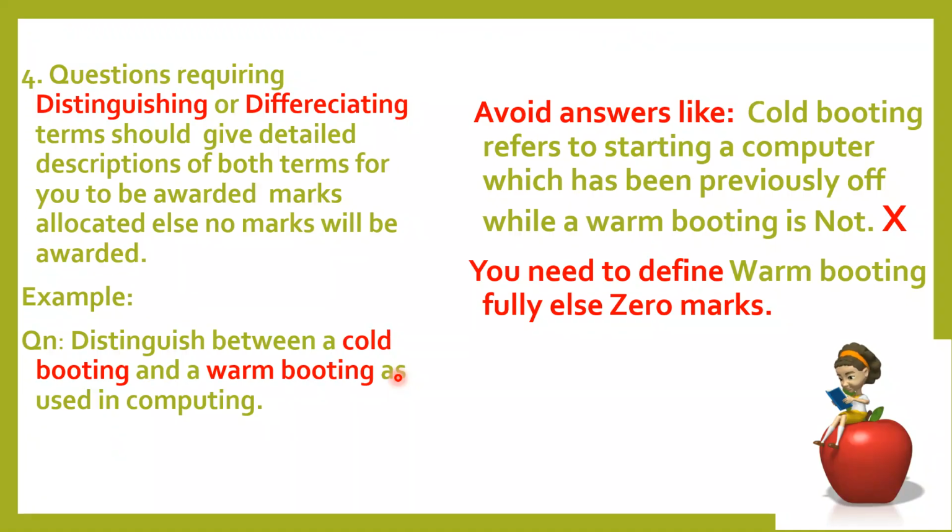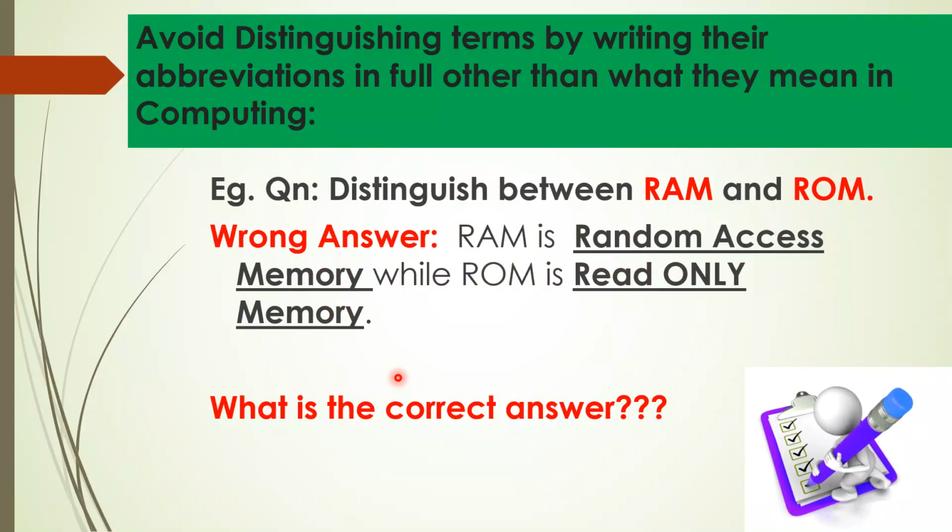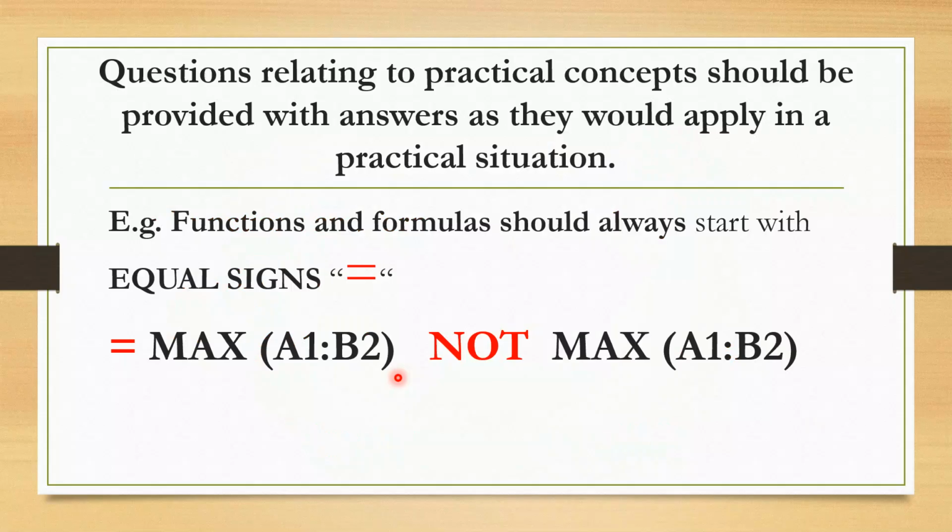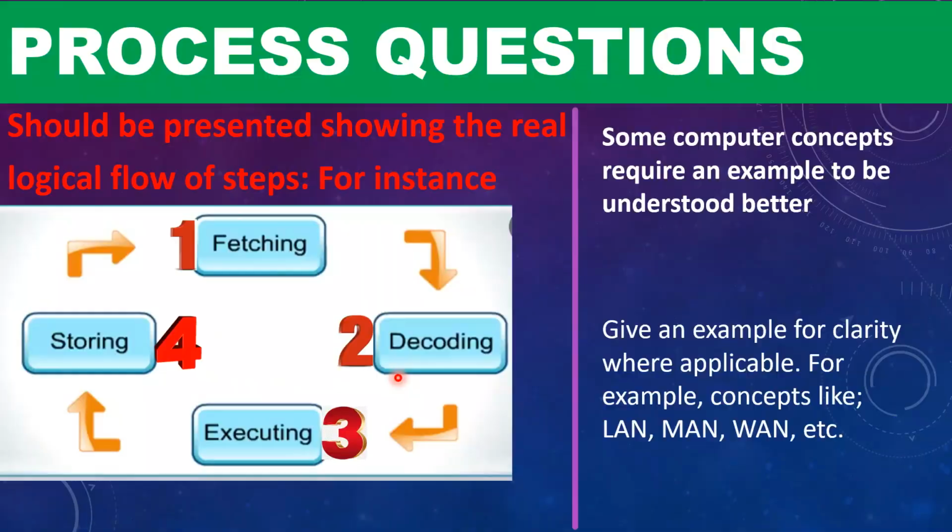More to that, questions requiring distinguishing or differentiating terms should give detailed descriptions of both terms for you to be awarded marks allocated, else no marks. Then avoid distinguishing terms by writing their abbreviations in full other than what they mean in computing. Then finally, questions relating to practical concepts should be provided with answers as they would apply in practical situation.